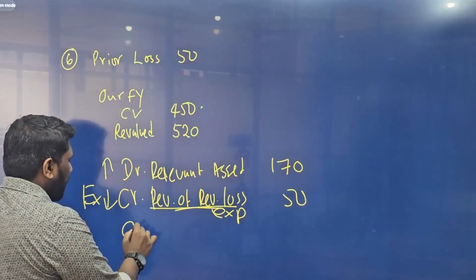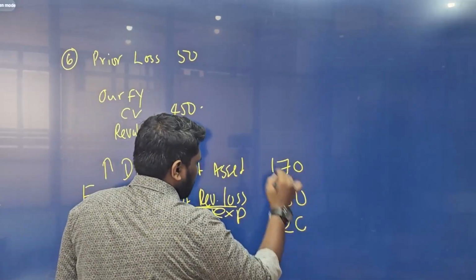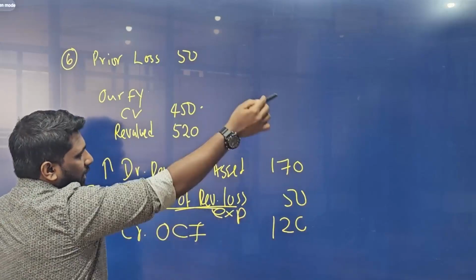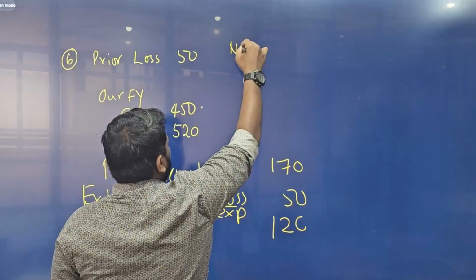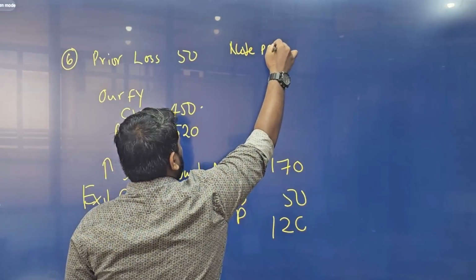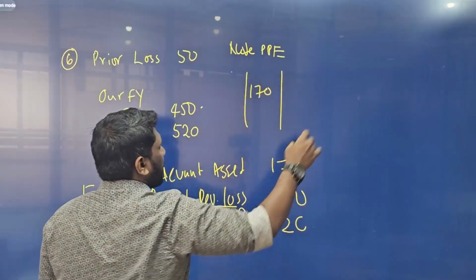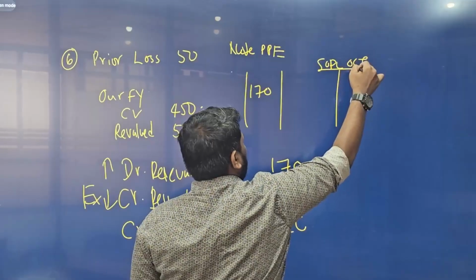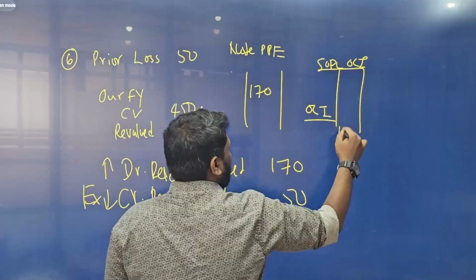So the remaining 120 only will go to the other comprehensive income. So he will go and give it to Mr. Revaluation Reserve. When you look at this in your PP note, you have to show a plus 170. In your SOPL and OCI, under the OCI, you have to show 120.